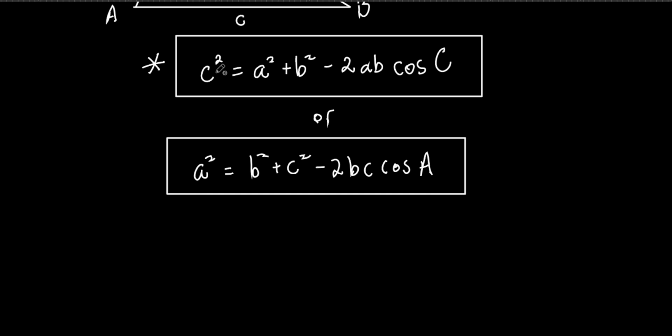Law of cosines. Yeah, there's one right there. Yeah, the very first one, they put c squared equals a squared plus b squared minus 2ab cosine of C. It just depends.